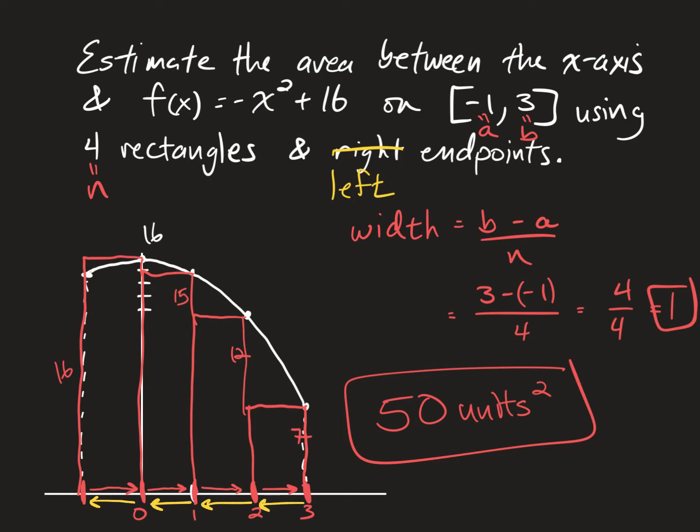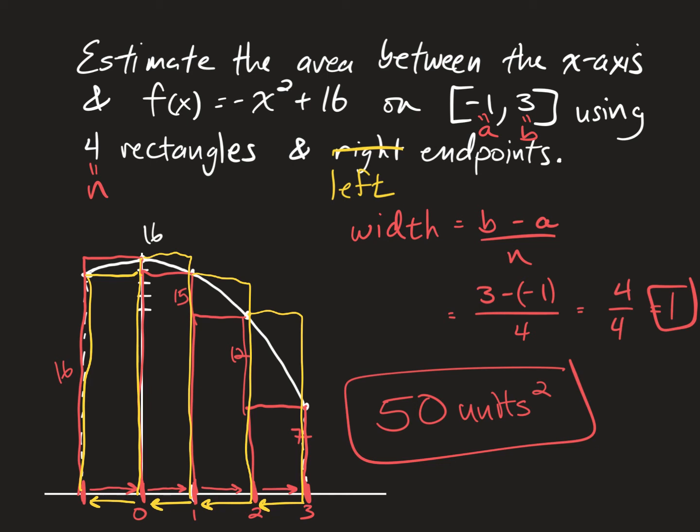So the left area here would be this yellow rectangle, this yellow rectangle, this yellow rectangle, and this yellow rectangle. So it's a lot more of an overestimate at that point.